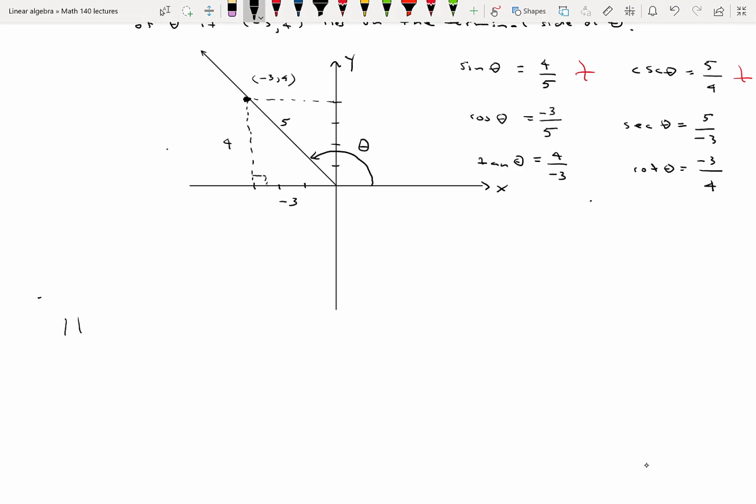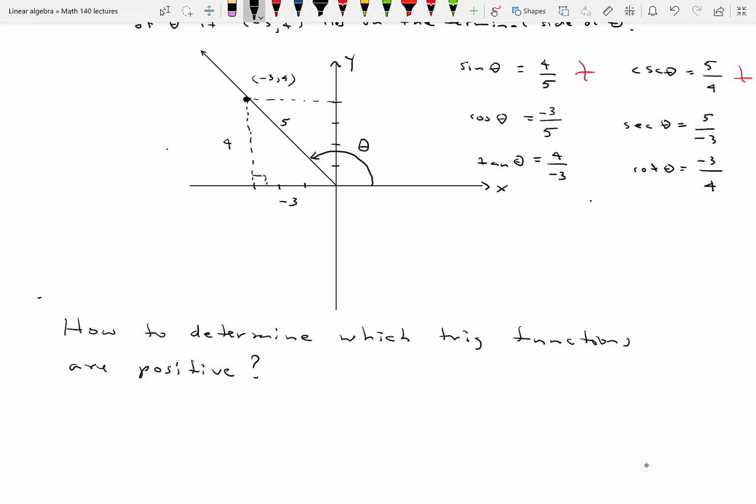So, how to determine which trig functions are positive. Well, it seems like that only answers half the question. It really answers both.